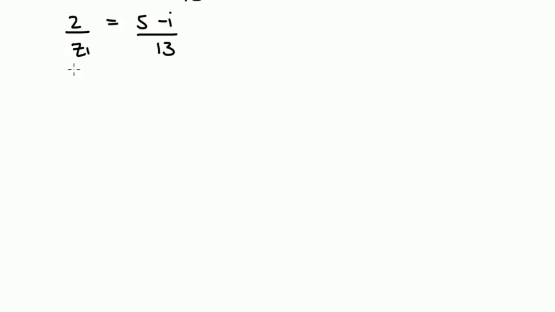We want to find Z1 in terms of a plus bi. So now what I'm going to do at this stage is say let Z1 be equal to a plus bi. So we have 2 over a plus bi is equal to 5 minus i over 13.